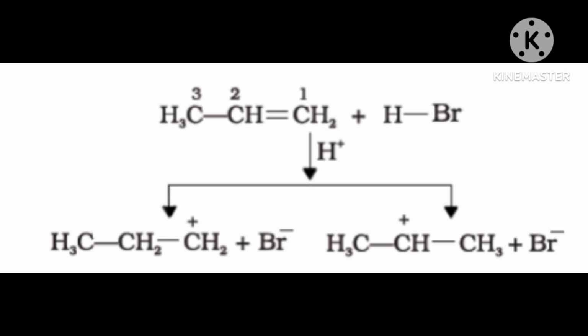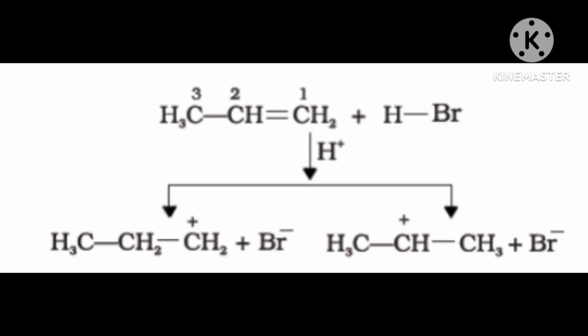Now for bromine there are two possibilities. Only the bromine radical is there, and it can attach to both carbons, carbon 1 and carbon 2, the second also and the first also.